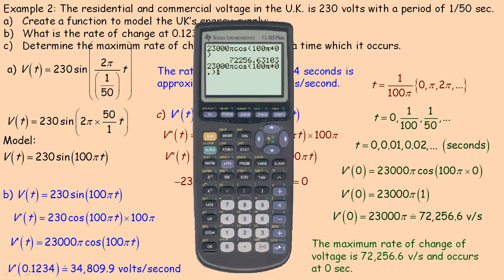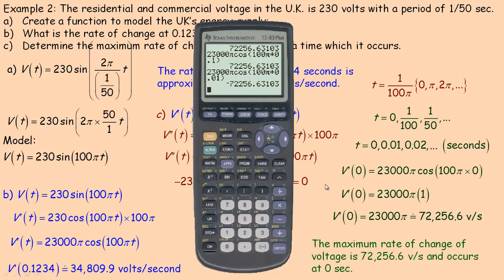Close the bracket. 1, close bracket, there we go. So notice that, oh, I missed a 0 there, didn't I? Let's go back. 0 point, and then I need a 0, 1. There we go. So notice that one works out to negative, well, just the opposite of this.